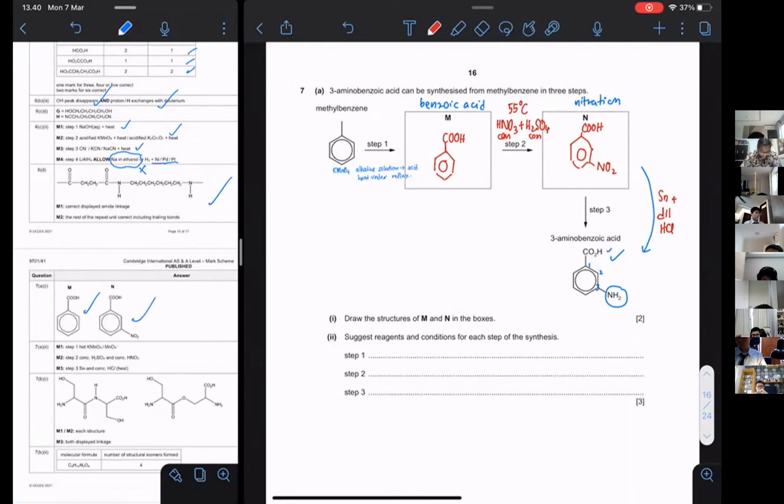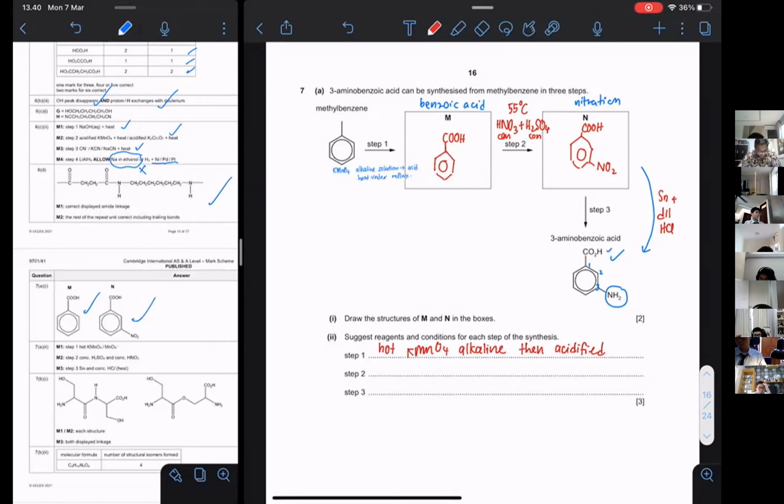Then, suggest reagents for number 1. So number 1, they want reagents and conditions. So step number 1 is going to be hot KMnO4. But they didn't give you more information. Alkaline first, then acid, I will add extra.